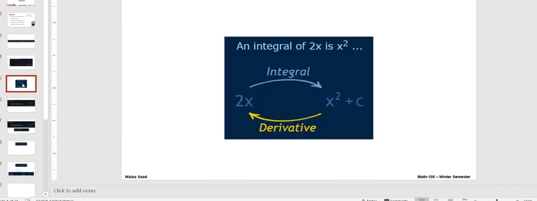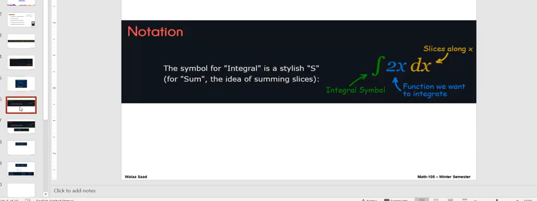Okay. So here is the same thing. We have the derivative of x squared plus c as 2x. And if we have 2x inside the integral, it will return to x power 2 plus c, plus a constant. That's the notation that we have discussed.